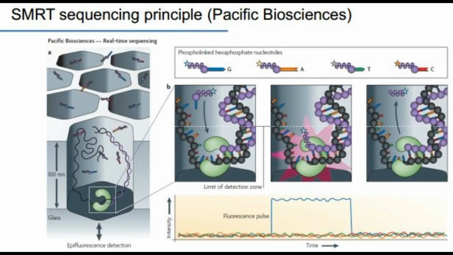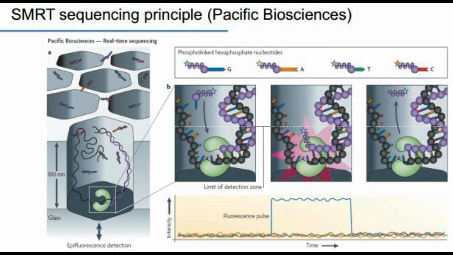The principle of this technology is that a single molecule of DNA that is template bound and a DNA polymerase is immobilized to the bottom of a ZMW. ZMW stands for zero mode waveguide, and it is basically a technology that is used to constrict light into a photodetector, and this light is going to be generated by the fluorophore, as we will discuss right now.